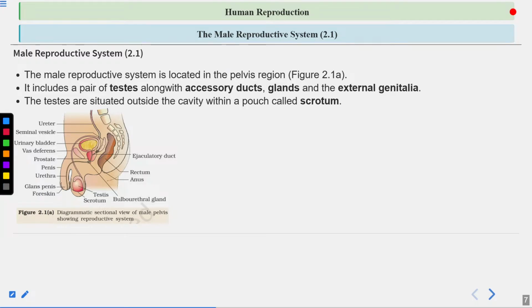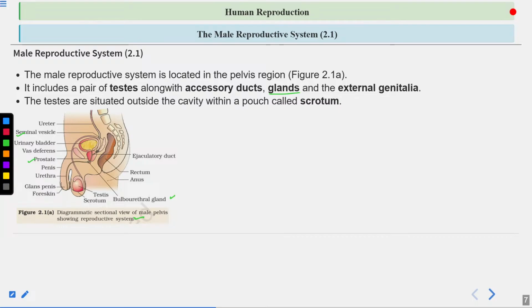Here you can see in this diagram a sectional view of the male pelvis showing the male reproductive system. You can see the seminal vesicles, bulbourethral gland, and prostate gland. These are all accessory glands.